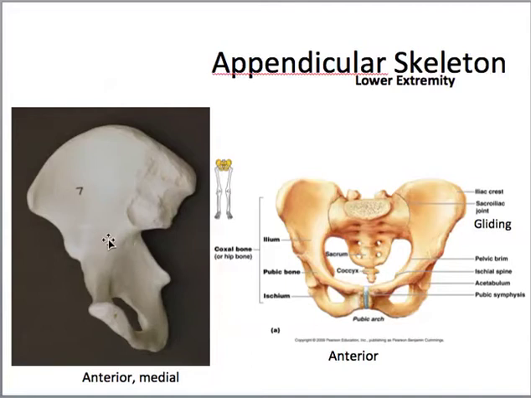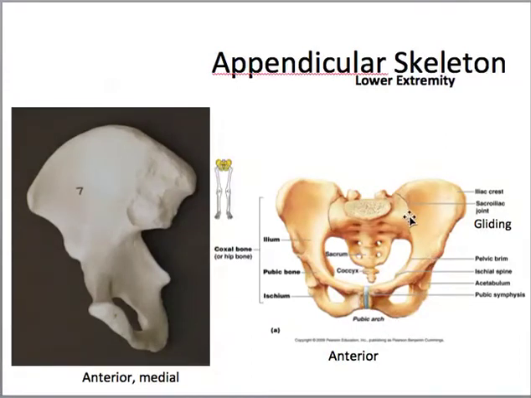But we can see the ilium, we can see the pubis, and back here we can see the ischium. And this is where the sacrum articulates. This is the coxal half of the sacroiliac joint, the joint that exists between the sacrum and the ilium of the os coxa.